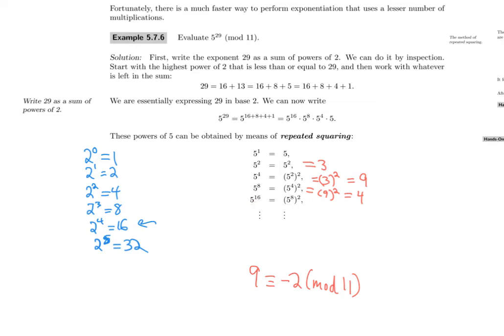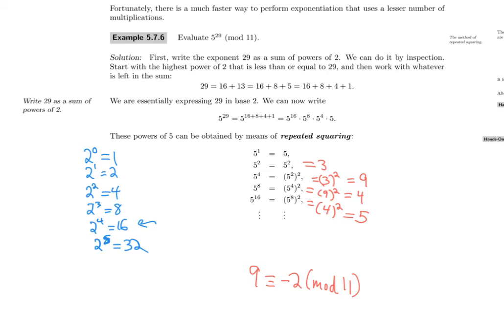So to do that, we take our answer for 5 to the 8th and we square it. In other words, we take 4 and we square it. 4 squared is 16. If I take away 11, which is my convenient multiple of 11, I get 5. So 5 to the 16th happens to be 5.